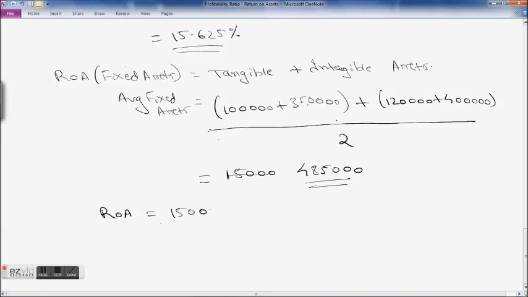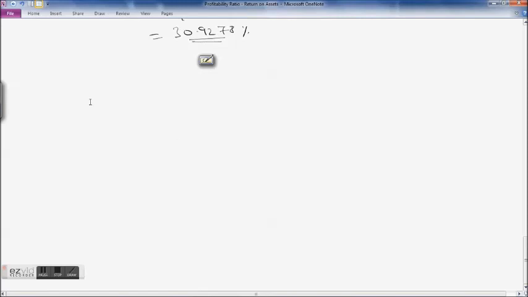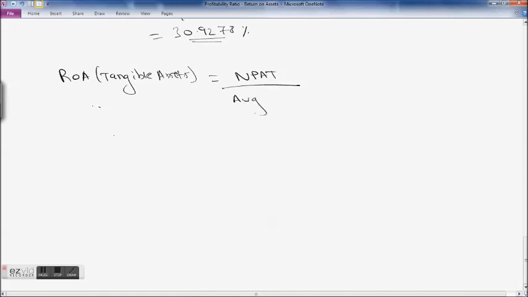Now return on asset: net profit after tax is 1,50,000 divided by 4,85,000 into 100. So that comes to 30.9278 percent. Now we'll find out return on asset on tangible assets. The tangible asset amount is directly given, so we'll calculate net profit after tax divided by average tangible assets.